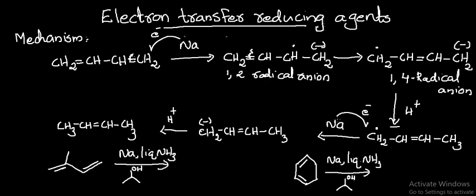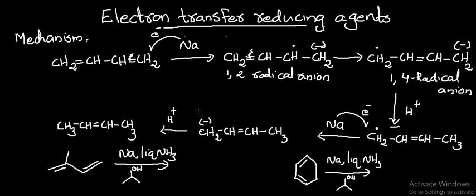Again sodium donates one electron to this radical. This is a free radical mechanism. That's why we depict a single-sided arrow. So this radical changes into a negative charge by the transfer of an electron from sodium metal.